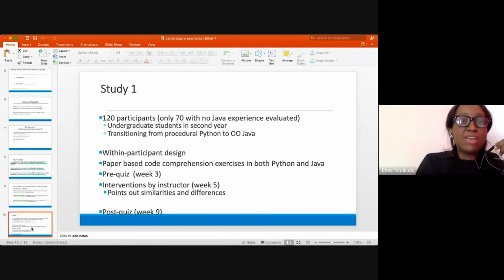They were given code comprehension exercises in Java and Python, and those were given in week 3 in the early stages. And then there were some small interventions by the instructor whereby she was explicitly showing similarities and differences between the two languages. And then there was a post quiz in week 9.